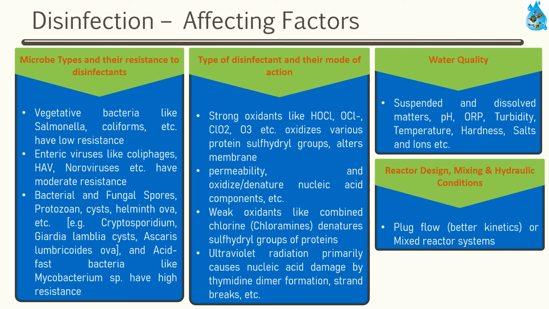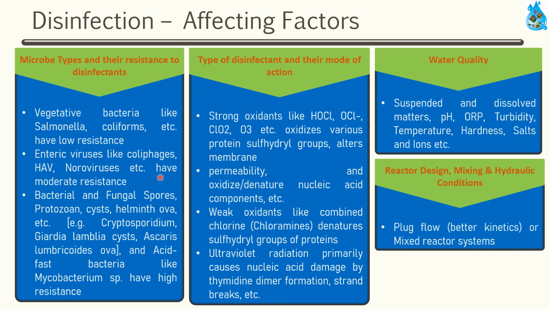The process of disinfection is affected by microbe types and their resistance to the disinfectant, the type of disinfectant and its mode of action, water quality, and reactor design, its mixing and hydraulic conditions. In the case of microbe type and resistance, vegetative bacteria like Salmonella and coliforms have low resistance.